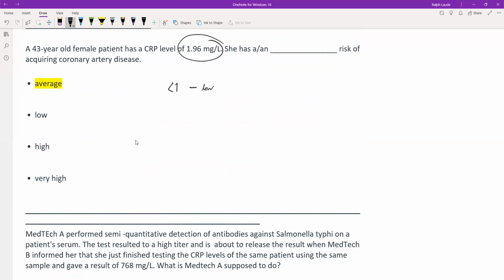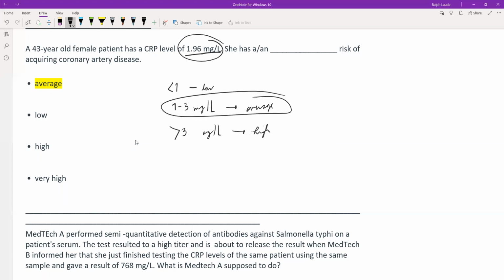If you have 1 to 3 milligrams per liter, you have an average risk. But if you have more than 3 milligrams per liter, you have a high risk for acquiring coronary heart disease. Since the patient has 1.96 milligrams per liter, she belongs in the average risk category for acquiring coronary heart disease.